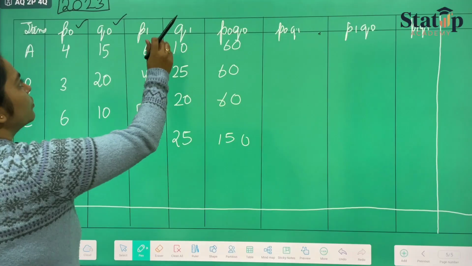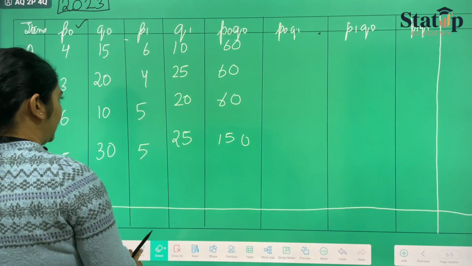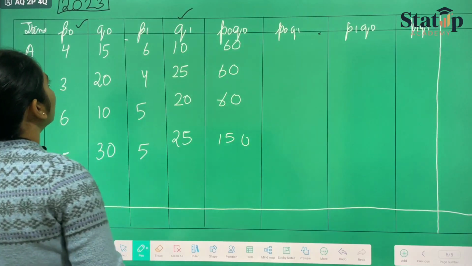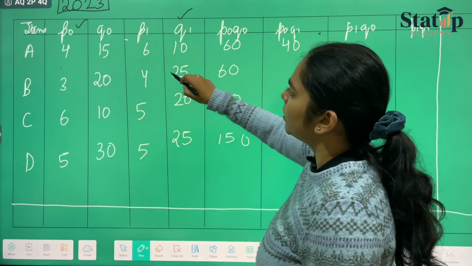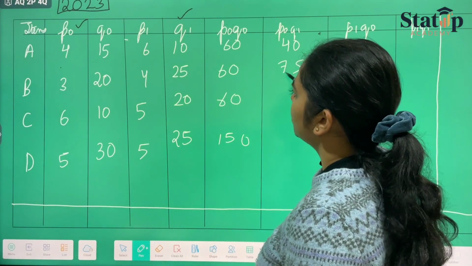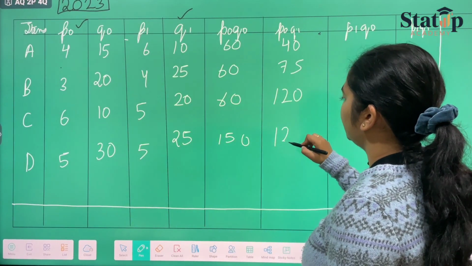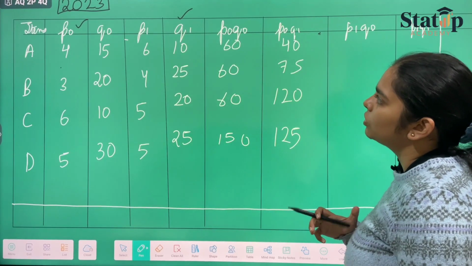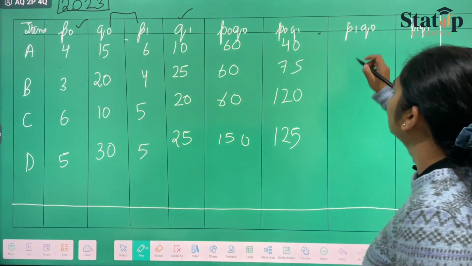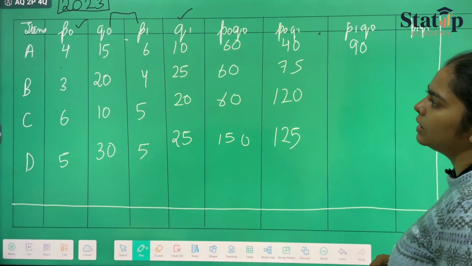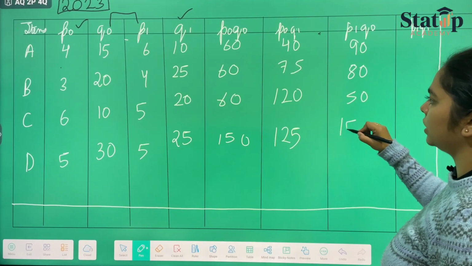P naught Q1. Now instead of Q naught, we have to take Q1. So 10 into 4, 40. 25 into 3, 75. 20 into 6, 120. And 25 into 5, 125. Now P1 and Q naught: 6 into 15, 90, 80, 150.